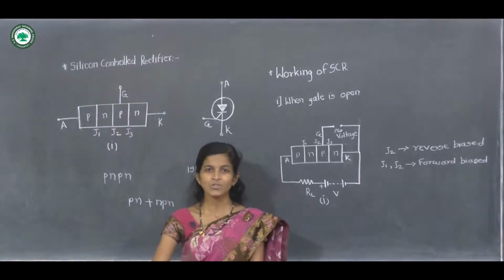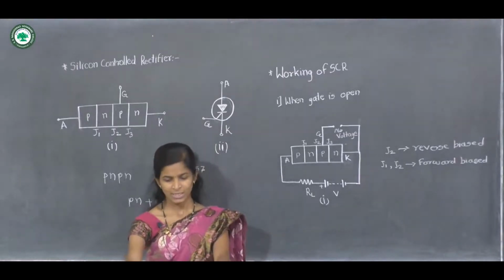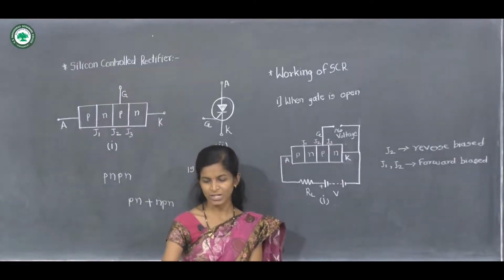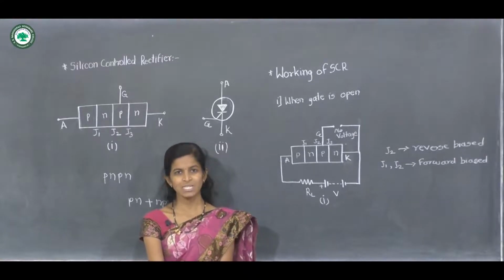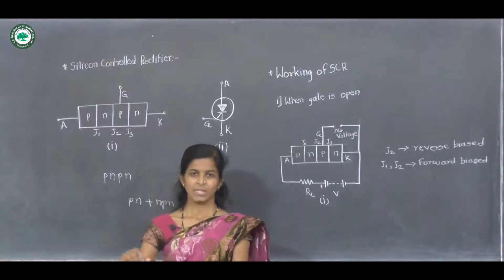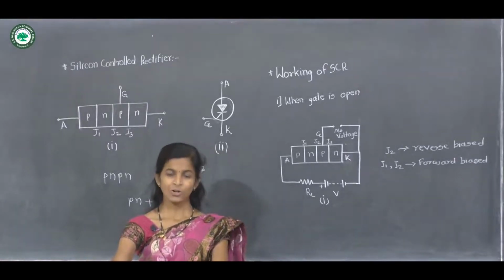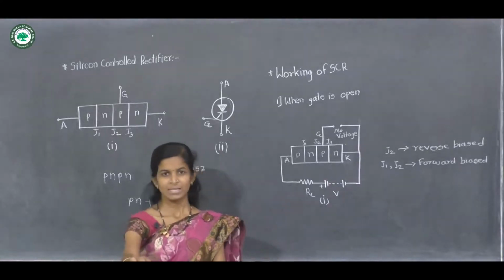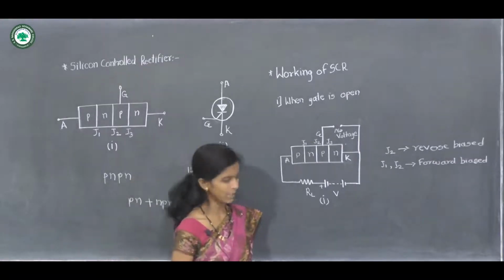Here one has to look after the concept, that is breakdown voltage. The applied voltage at which silicon controlled rectifier conducts heavily without gate voltage is called the breakdown voltage. So this is one of the ways in which silicon controlled rectifier can work. Then we will see the next way, that is when gate is positive with respect to cathode.